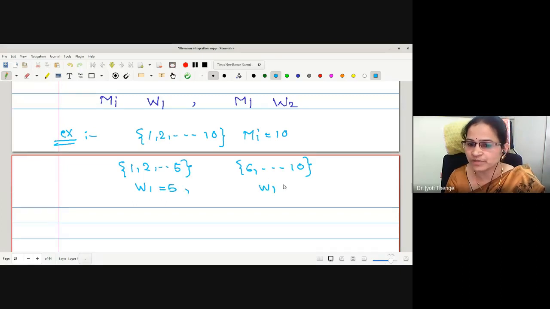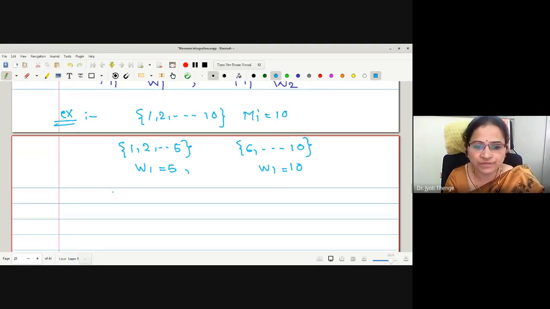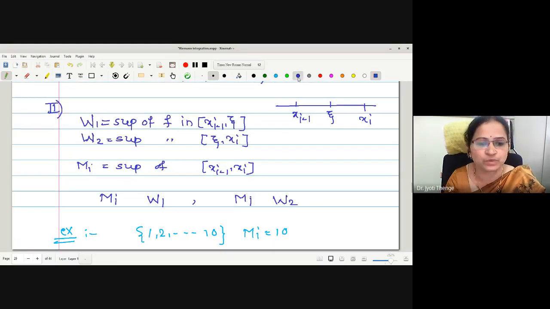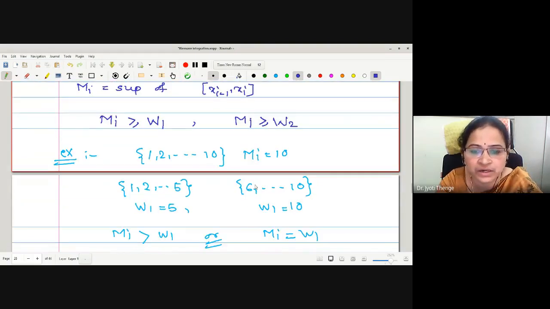What is the suprema if I consider this as a subset? 10. Therefore, for the first subset, Mi is strictly greater than W1. But for the second subset, Mi is equal to W1. Therefore, combining both the possibilities, Mi is greater equal by W1. Okay. Similarly for W2. Therefore, I will write Mi is greater equal by W1, Mi is greater equal by W2.